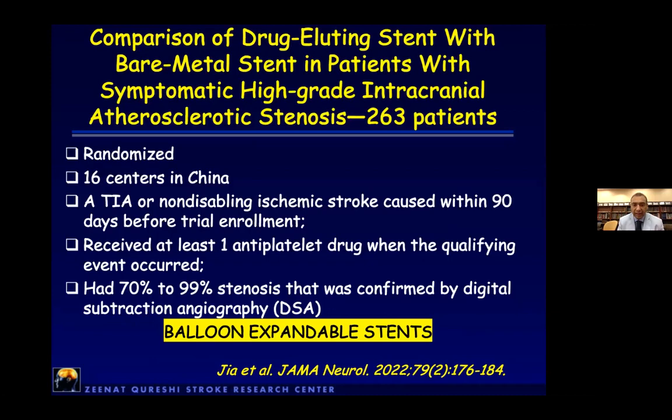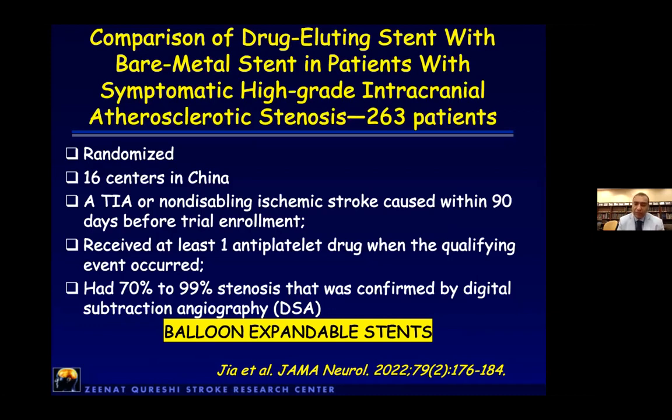They had to have a transient ischemic attack or a non-disabling stroke within 30 days before trial enrollment. They needed to have been treated with at least one antiplatelet agent, with the qualifying event occurring despite the use of that agent, and needed to have 70 to 99% stenosis as measured by digital subtraction angiography.